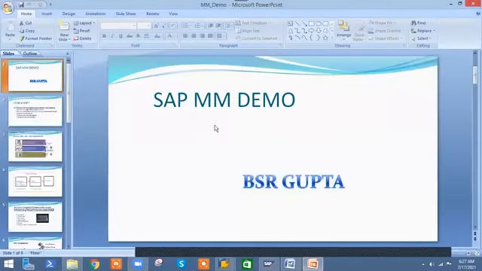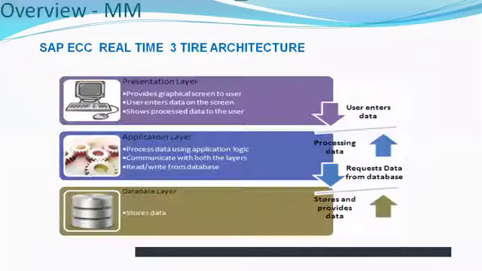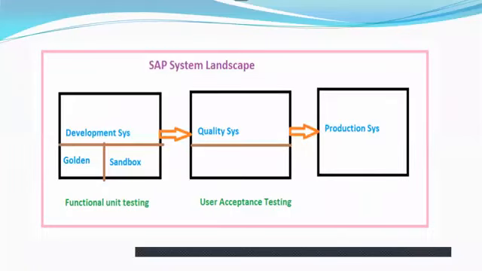Next subheading, SAP system landscape. You can write down this one: development system, which is golden and sandbox, quality system, production system. Nowadays, not only these three systems in a real environment, most clients are using the pre-production system also.